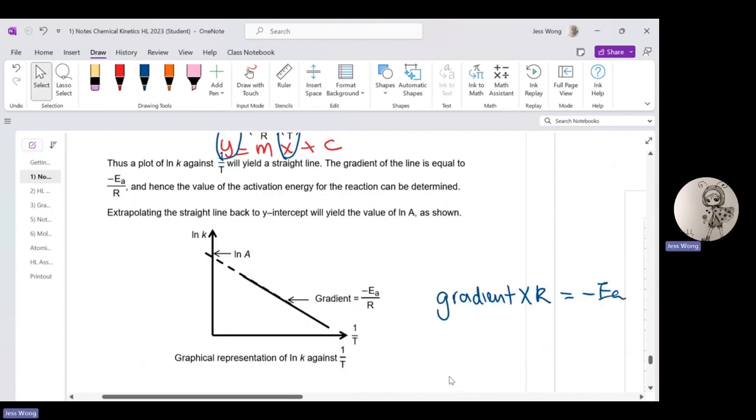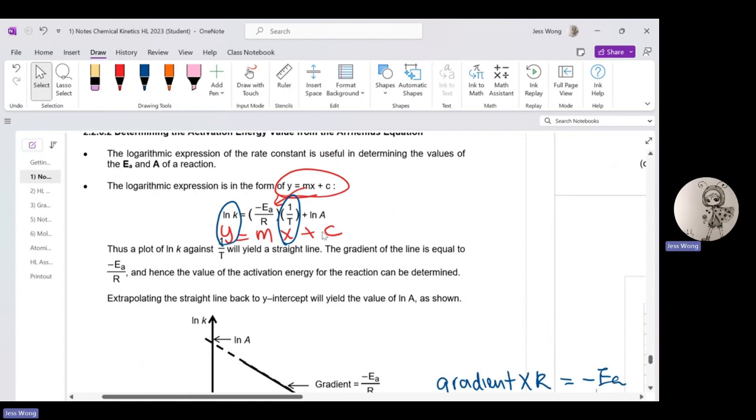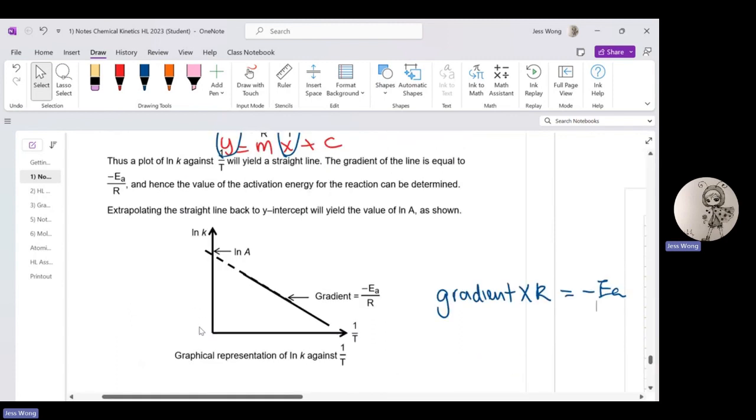And so you'll be able to get EA of any reaction through this method. Now if you really want to find out what the Arrhenius factor is, then you extrapolate the graph to cut the y-axis, and that will equal ln A. And then from there, you can calculate A.